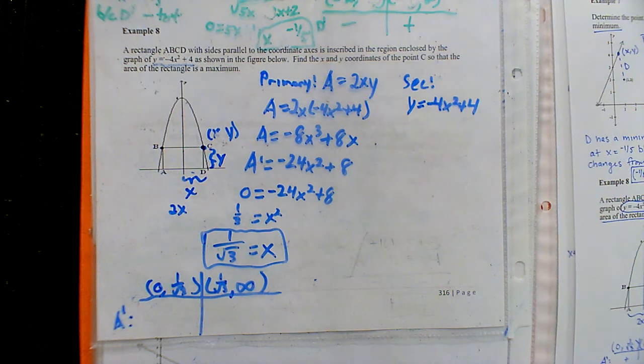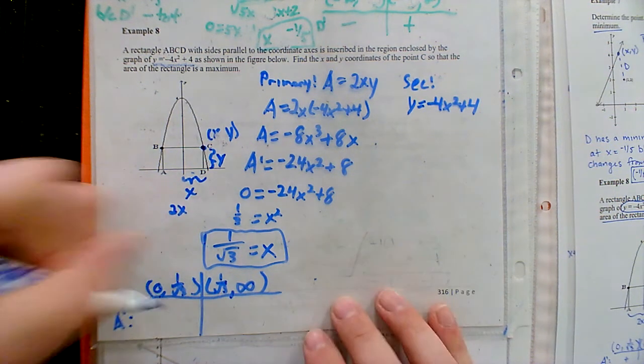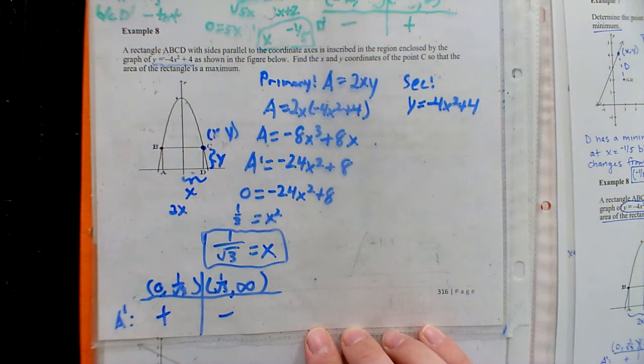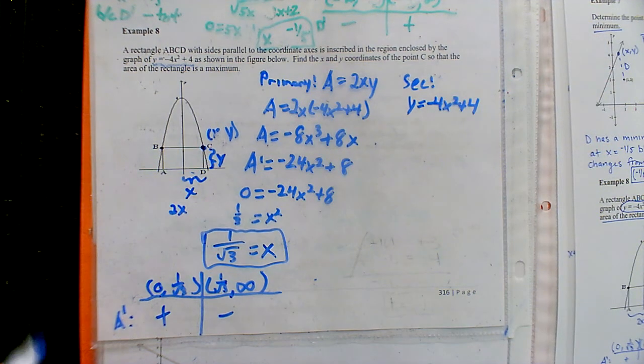Any luck out there? Anybody find the intervals? That is what I got. Positive, then negative. So indeed, it does maximize the equation.